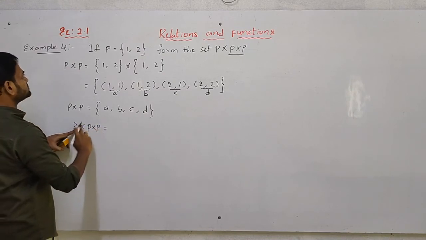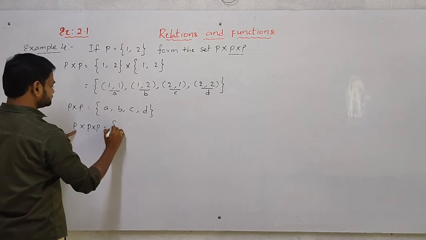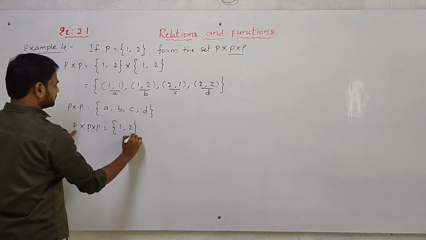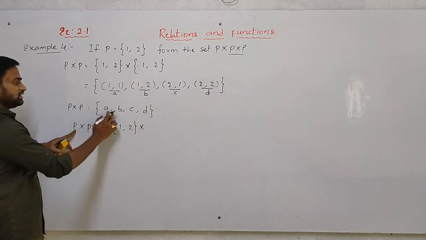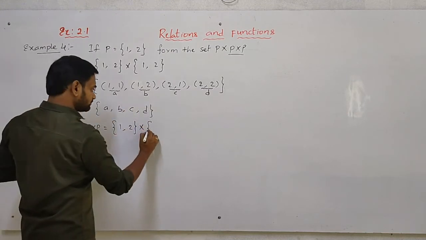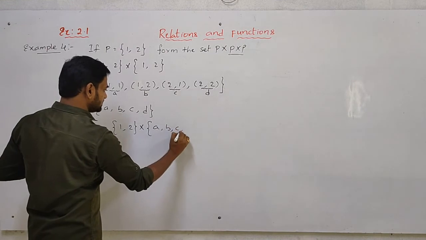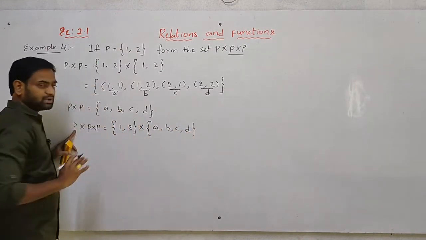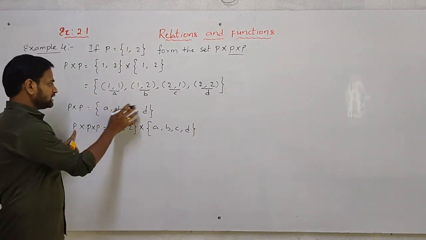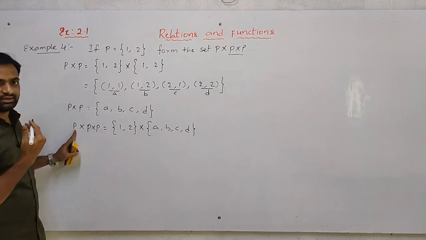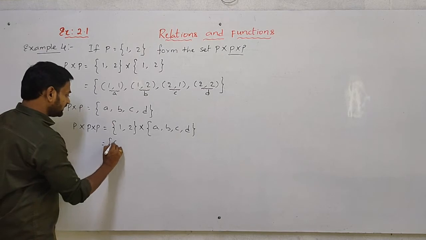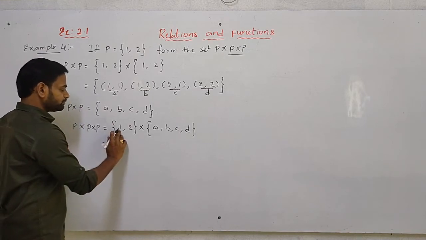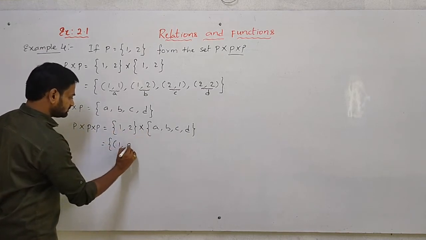So what is the P? {1, 2} cross. What is the P cross P? This one is {A, B, C, D}. For understanding purpose, I took this A, B, C, D. Otherwise, you can write directly. No problem. So, now take the ordered pairs here. That is (1, A).